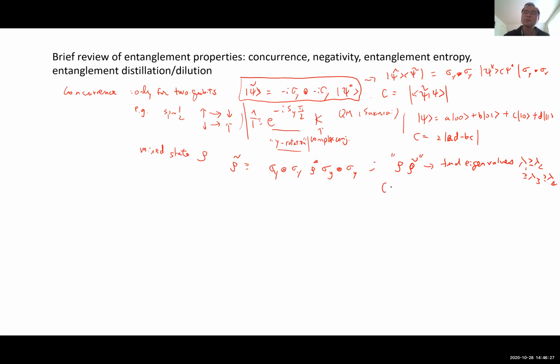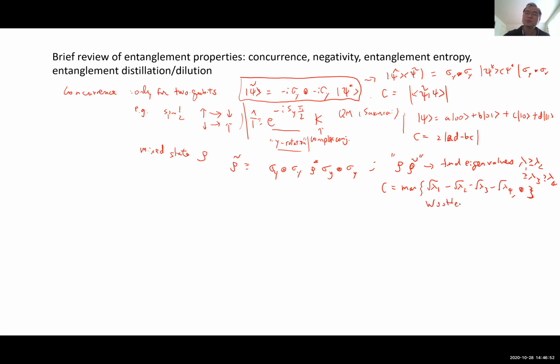So concurrence is basically taking the largest square root minus the rest. If it's not negative, then that will be the value, but if it's negative, then it's defined to be 0. This is called Wootters formula.